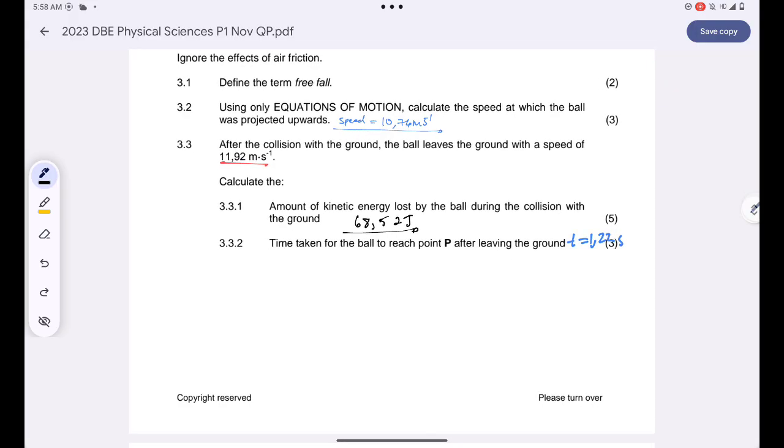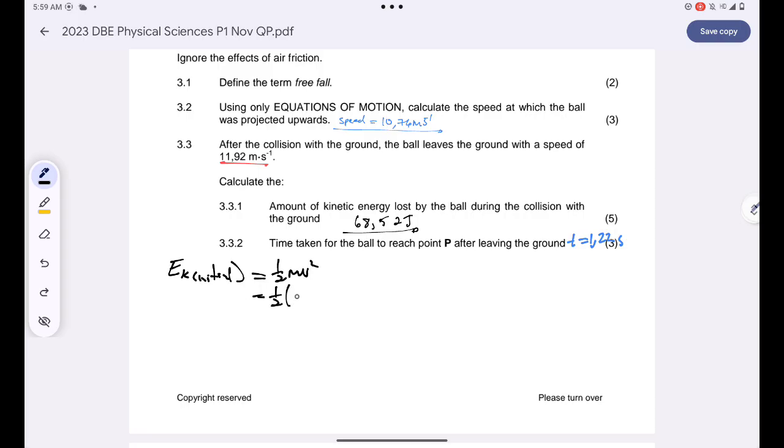I can simply find the change in kinetic energy. You can say that the kinetic energy at D, which is the kinetic energy initial, is equal to half mv squared, right?